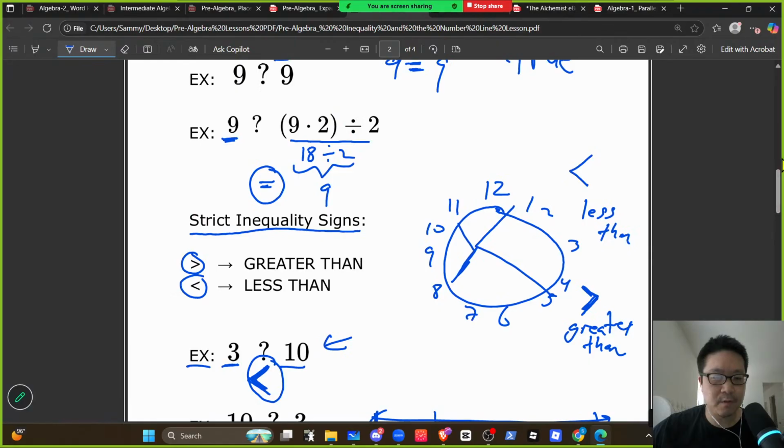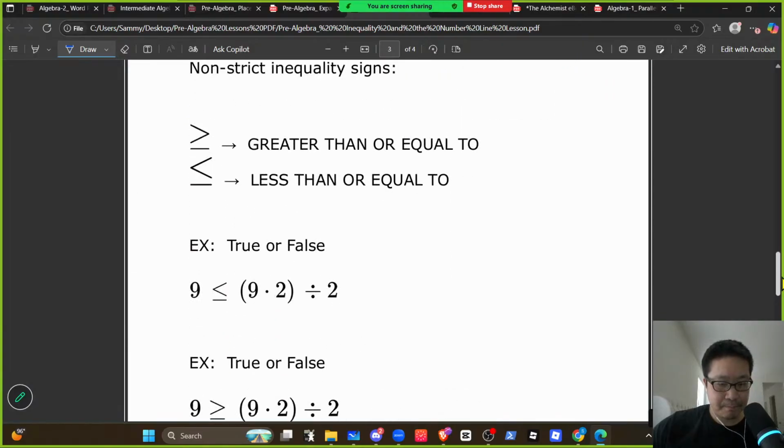So these were the strict inequality signs, greater than and less than. These are non-strict inequalities right here. And this means greater than or equal to. In other words, it can be either larger or it can be equal to the number that's being compared.